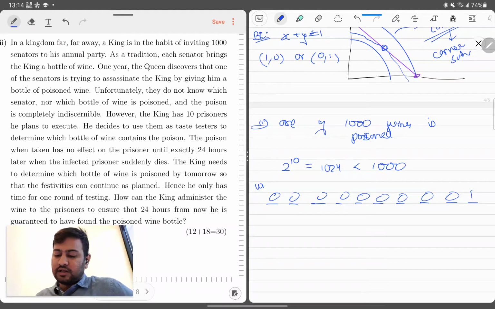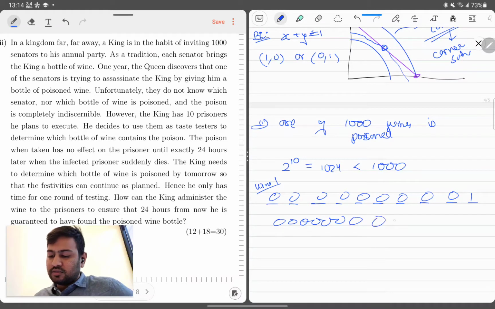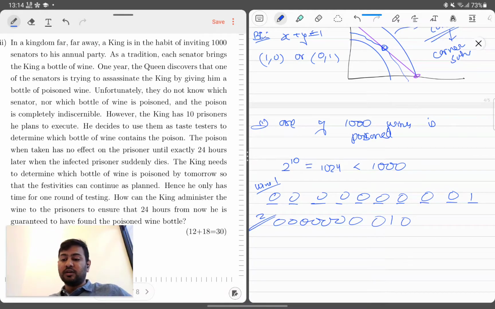So this is basically, let's say, wine 1. Similarly, wine 2 could be 0000000010. So you could give different wines different binary codes. It is possible to do for 1,000 wines, because for a 10-digit case you can have 1024 different wine situations.